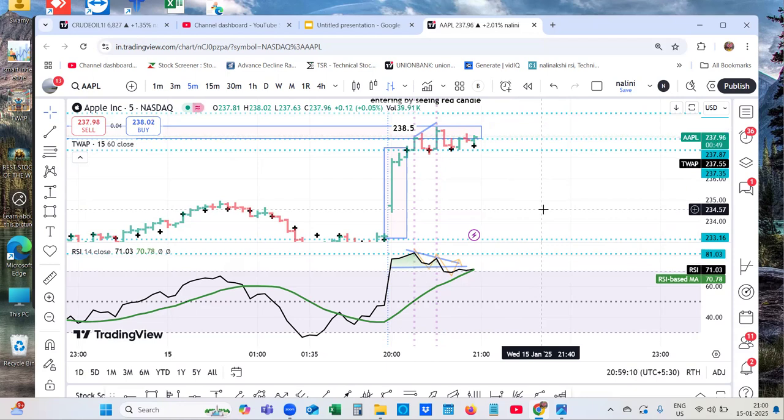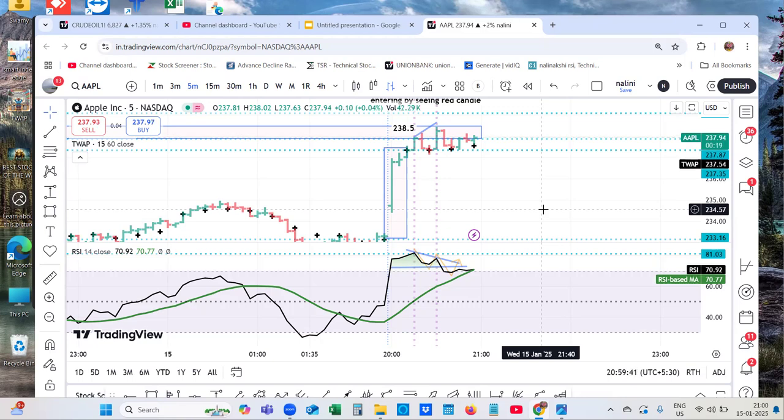Whether we will be stopped out or whether our assumption of price becoming weak is correct or not, right? So while trading in Nifty options or otherwise in Nifty, you need to be careful. This is the setup. We are getting an overbought condition in RSI.